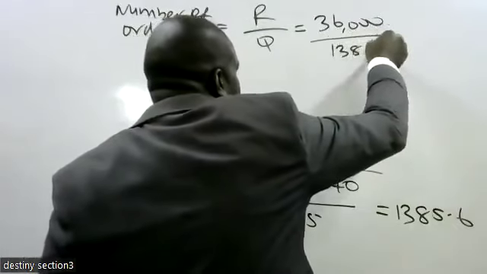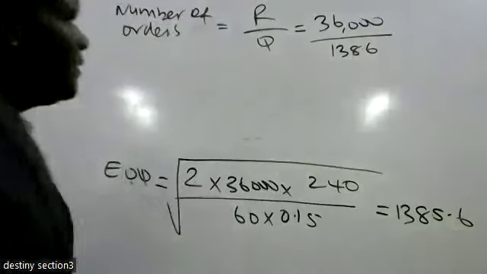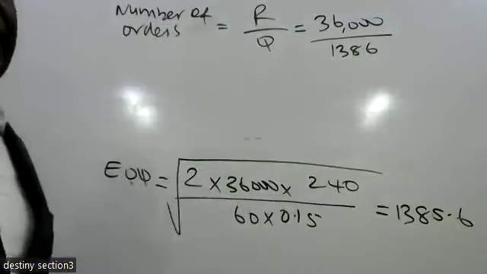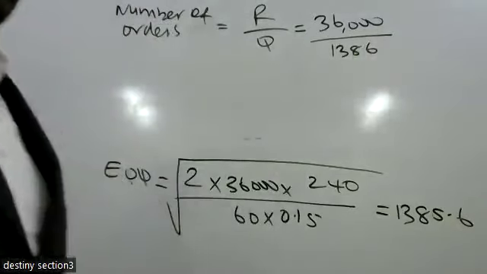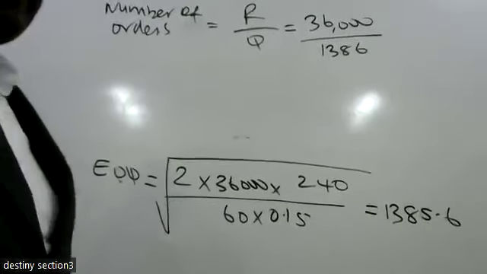You can just round it to a few decimal places so that we see how many orders we are going to have.